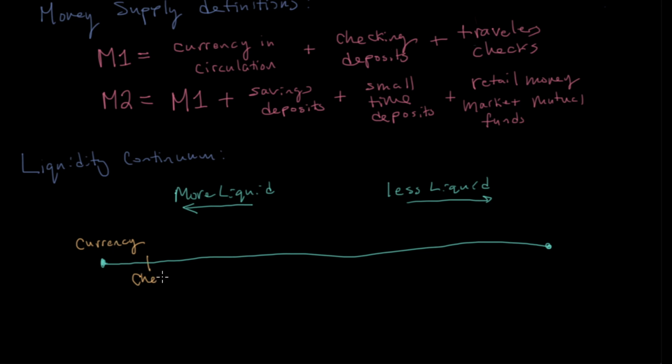It's not quite currency, but it's close. And then maybe somewhere further down the spectrum is something like a corporate bond, which you might easily be able to sell to get checking deposits or to get currency, but it's not quite a medium of exchange. You can't take a corporate bond to the grocery store to buy your groceries, right? So it's not quite there.